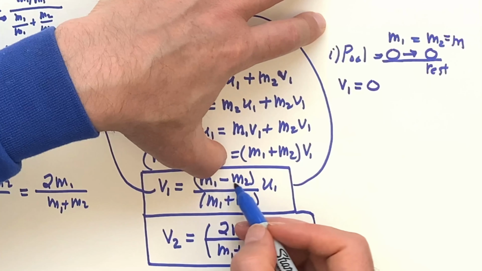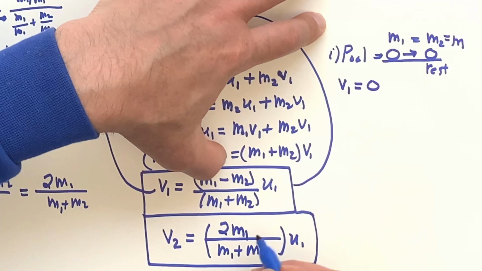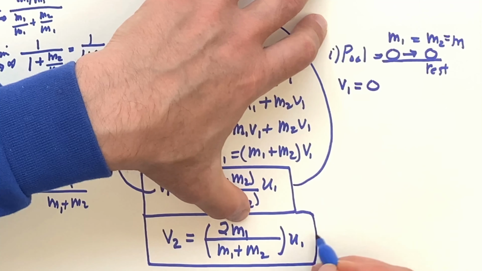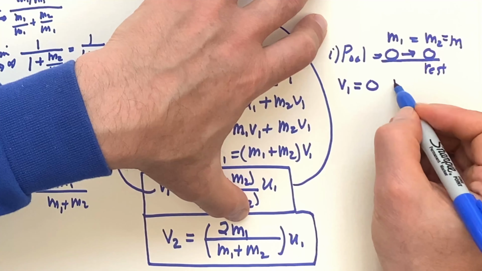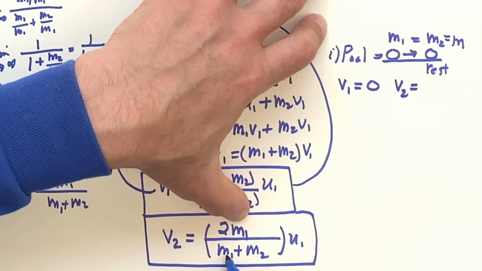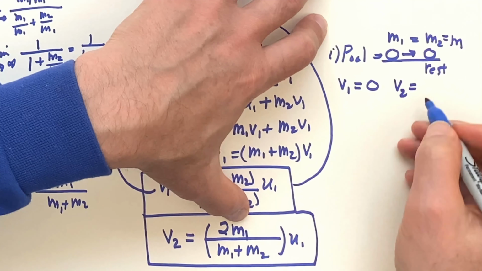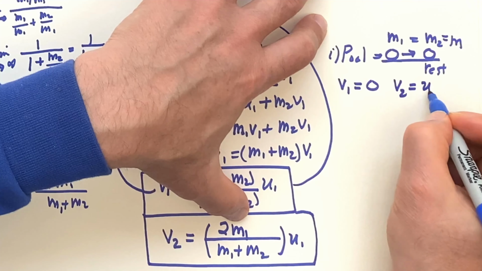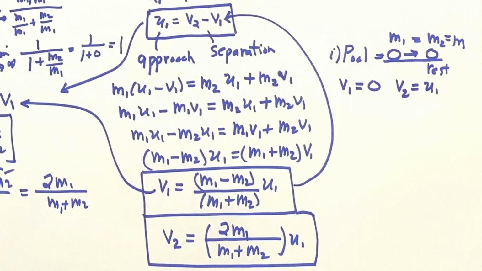Since the masses are equal, you subtract them, you get 0. Then down here, since the masses are equal, you'll find that you get 2m over 2m. In other words, this ball takes off with the same speed as the cue ball. So first ball stops, second ball takes off.